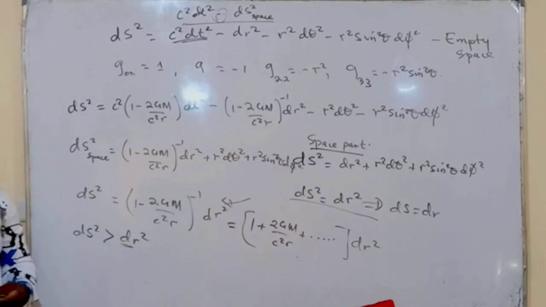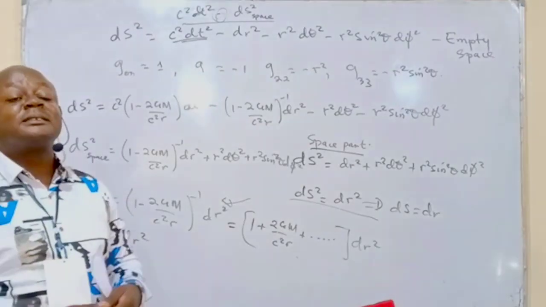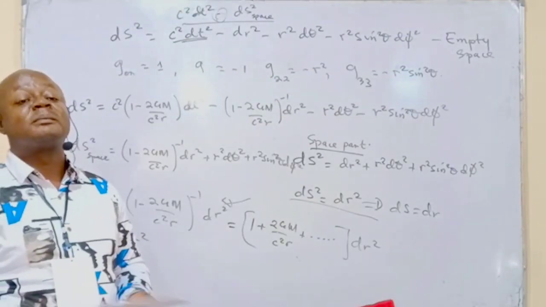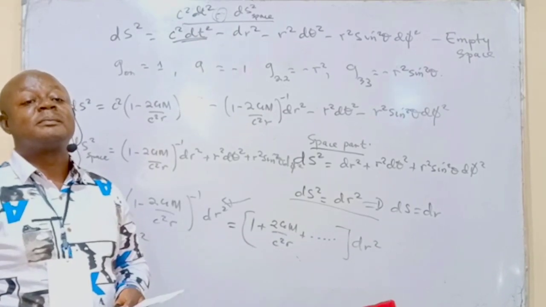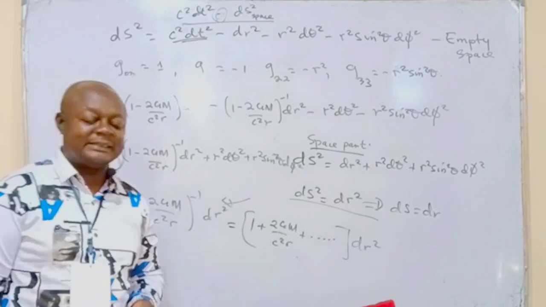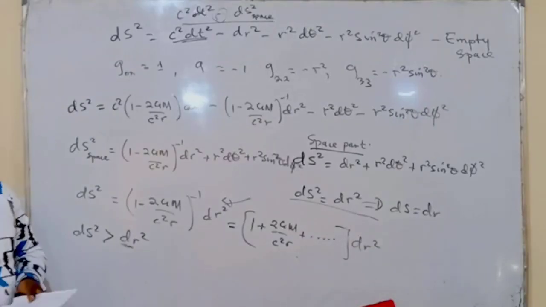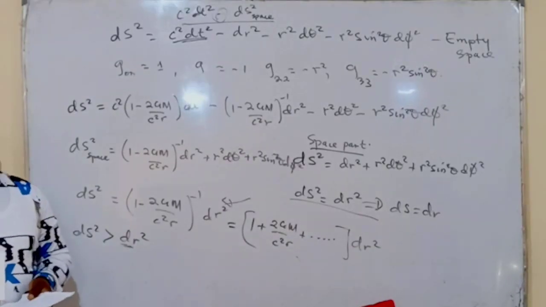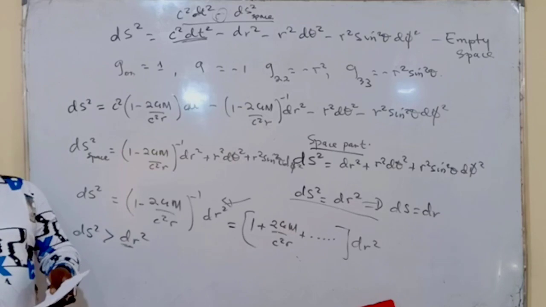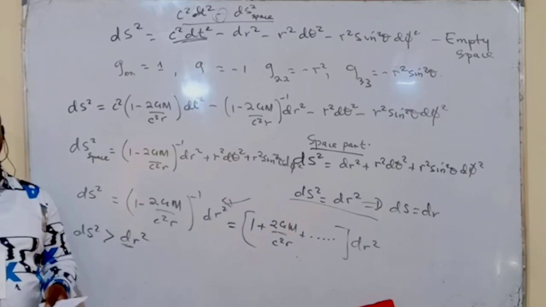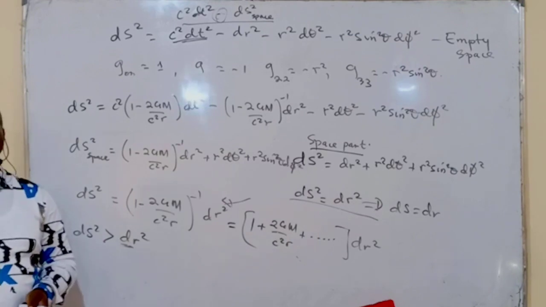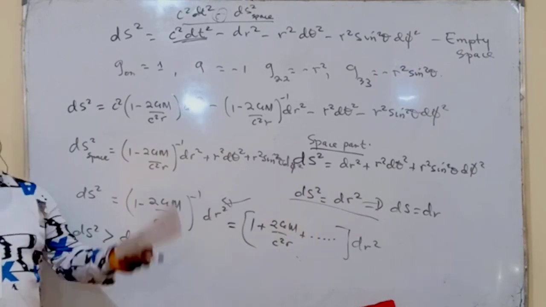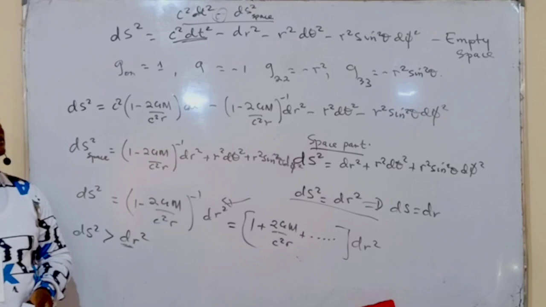So I think that should now explain why they say the principle is the shortest possible distance. So you move along a geodesic. So space is curved.